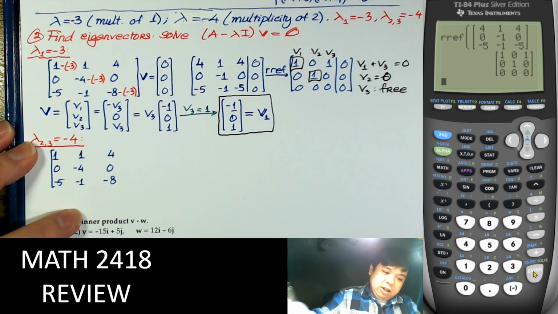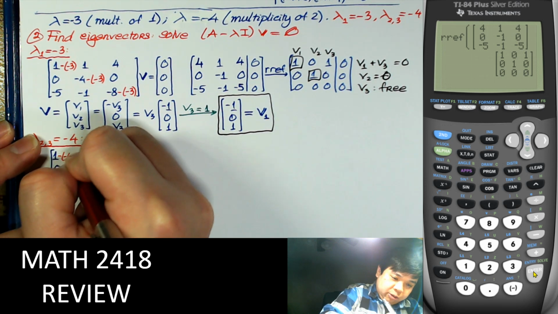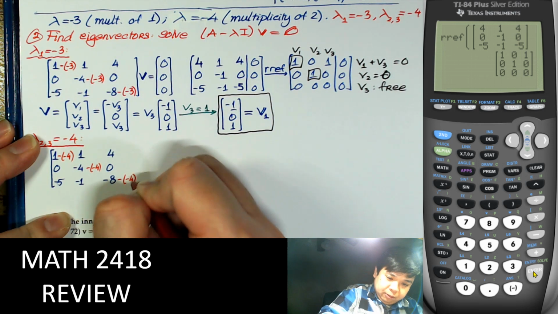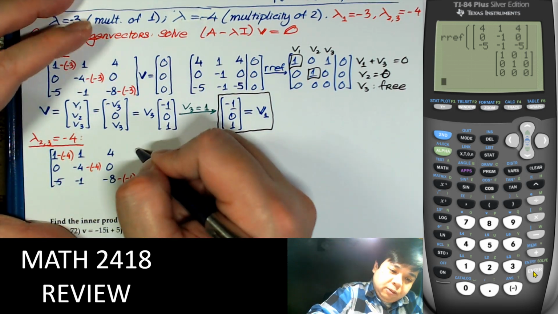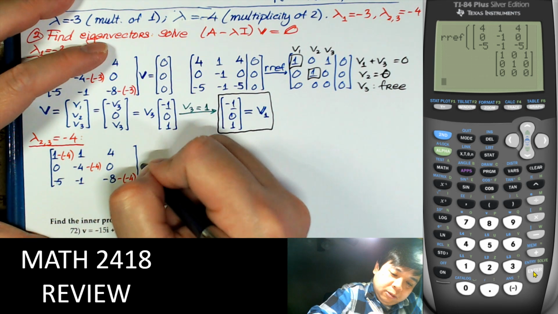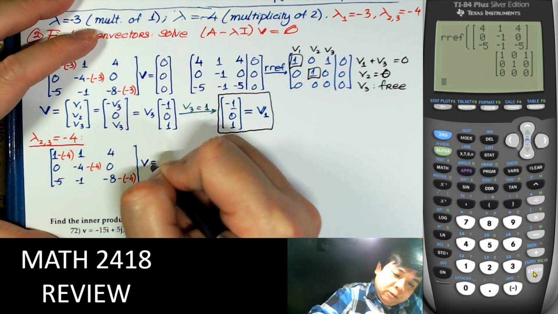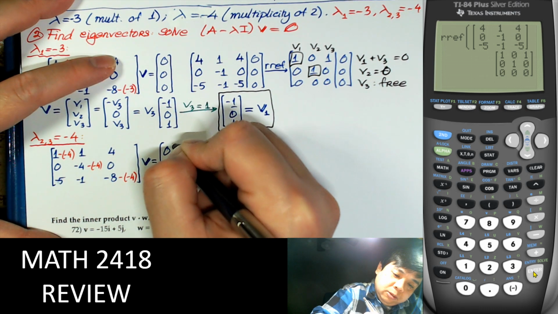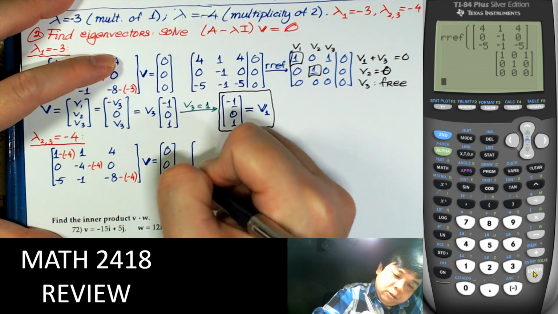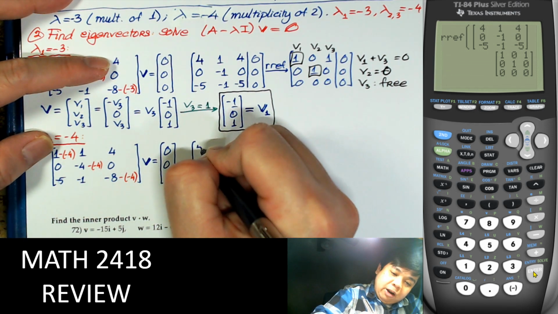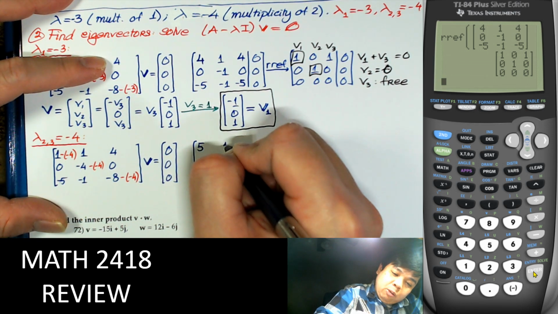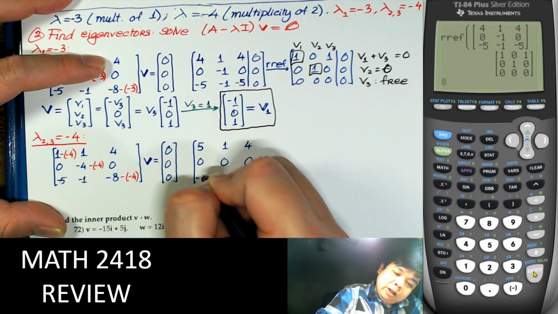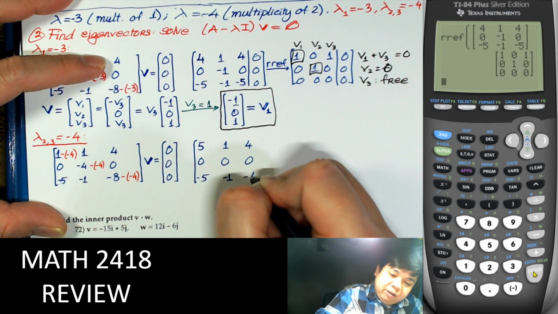So we subtract negative 4 on the diagonal entry. That gives us 5, 1, 4, 0, 0, 0, negative 5, negative 1 and negative 4.